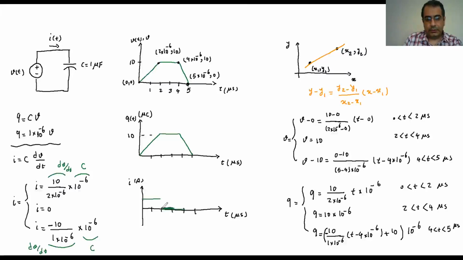Try to make it so it becomes 0, and then this by this cancel each other, and it is going to be negative 10. So it's going to look something like this, and then go back there.